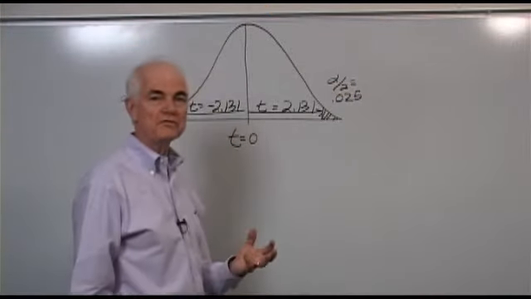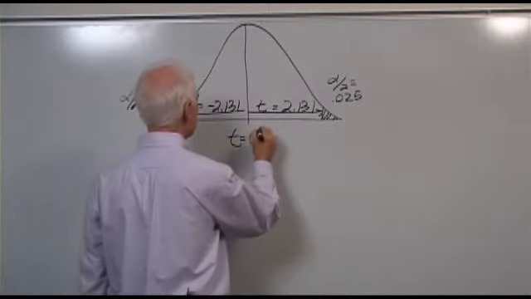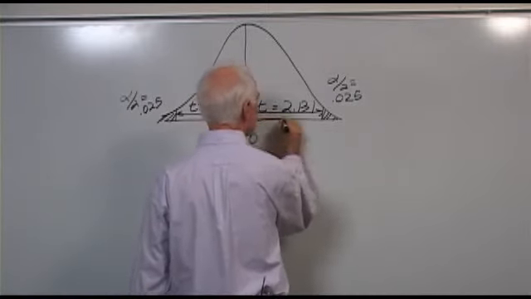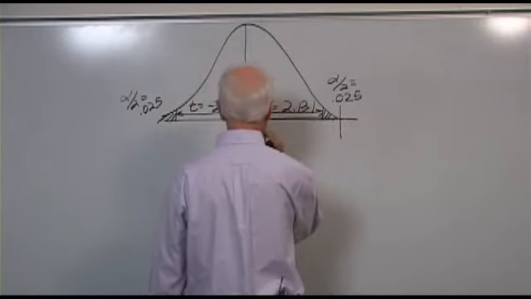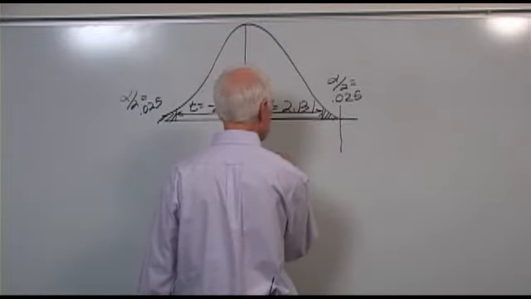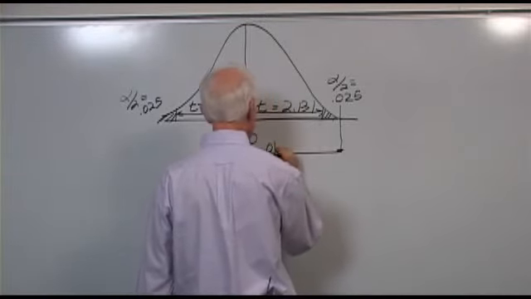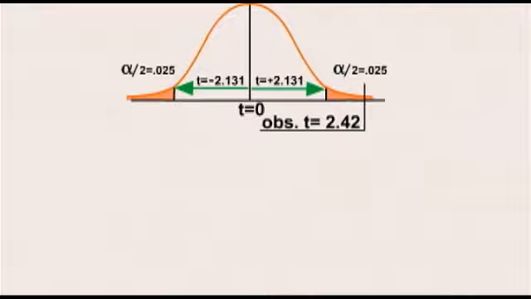Now our observed value was 2.42 in the positive direction, so it actually fell out here someplace. We can draw this in. We can come down here, and we can say observed t is 2.42.